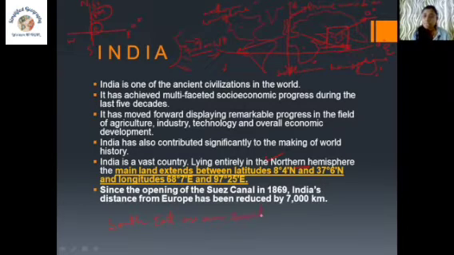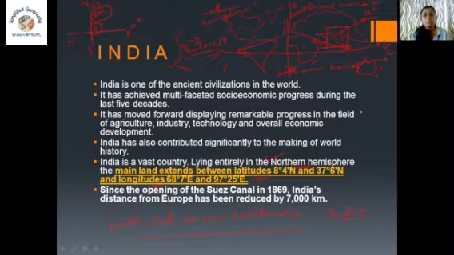In the list of Southeast Asian countries, India also comes. Clear? Why so? Because it lies in the Eastern Hemisphere also. So northern and eastern part. Location understood. Now let us come to latitude and longitude.